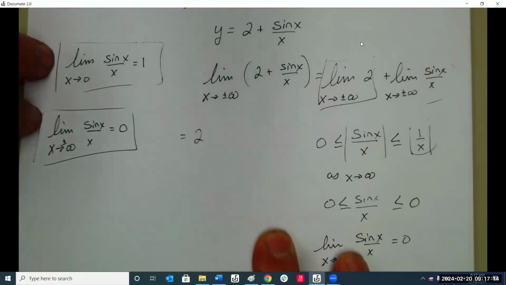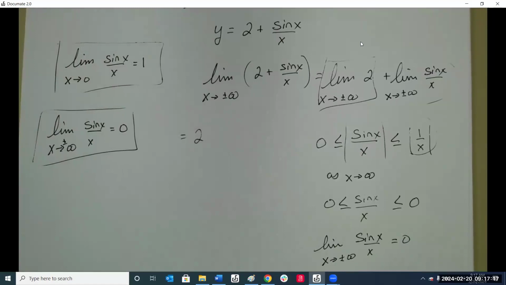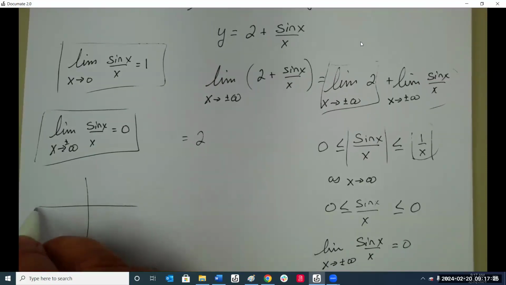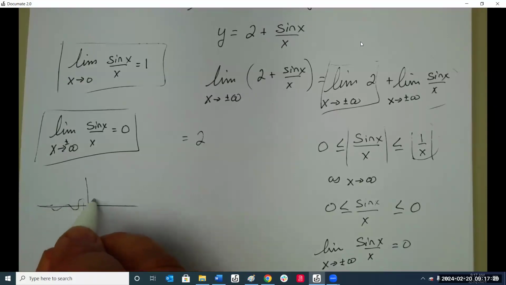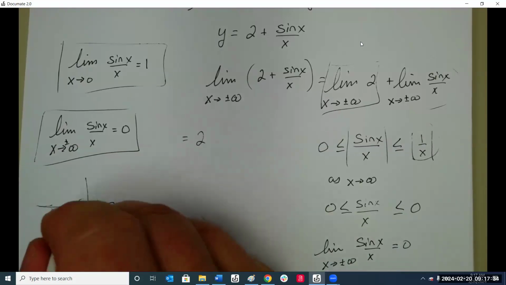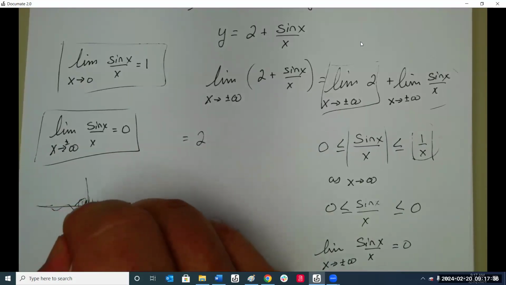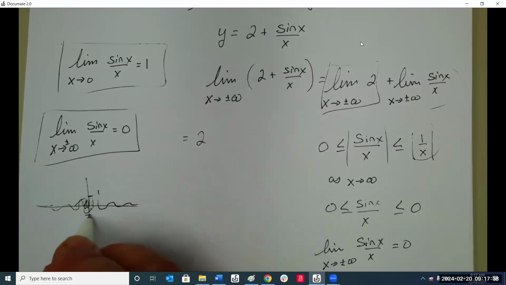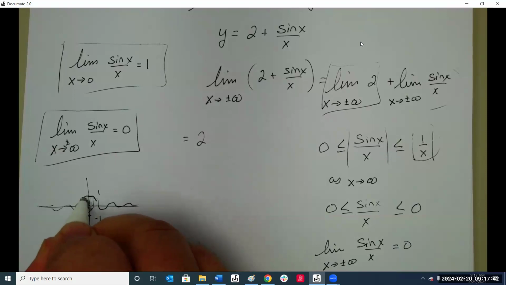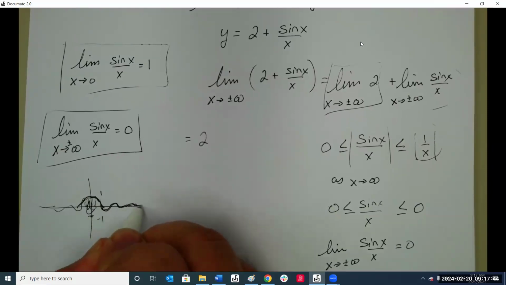So be very careful about the sine x over x. If it's going to 0, it's 1. If it's going to infinity, it's 0. Because the graph itself looks like this. It oscillates in the middle part here. It gets up to 1 and down to -1. But it crosses at +1. And then it tapers off again.